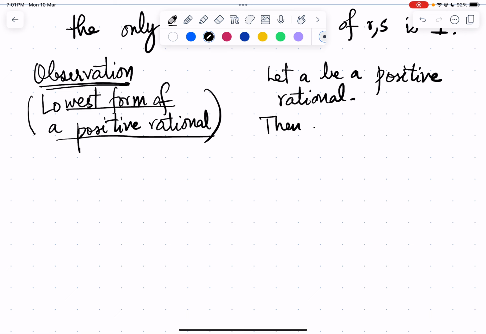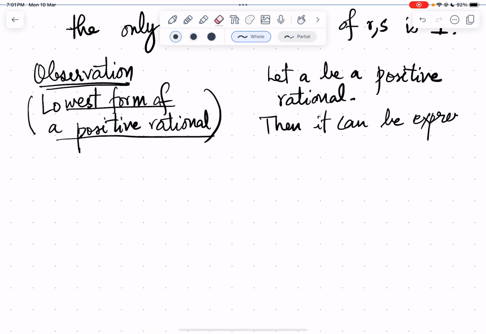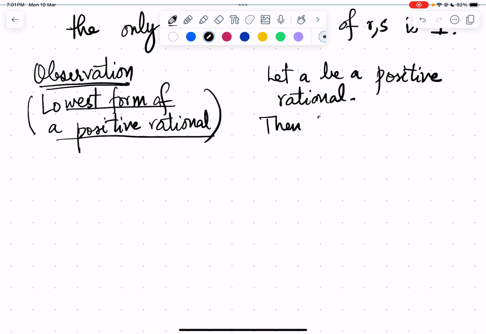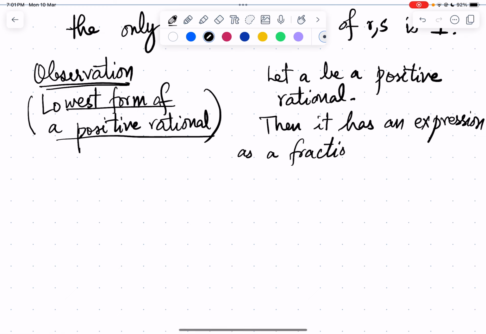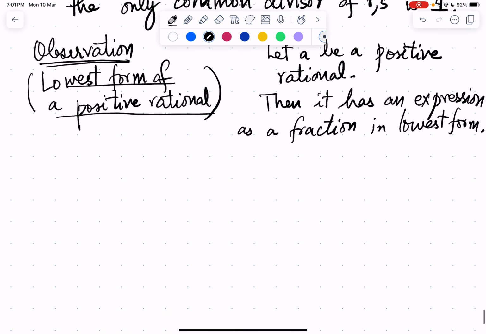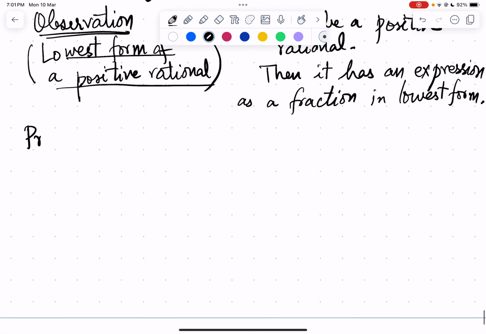Then it can be expressed in lowest form. Or to be clear, I'll write it: it has an expression as a fraction in lowest form. Right? So we can always find lowest forms of positive rationals.